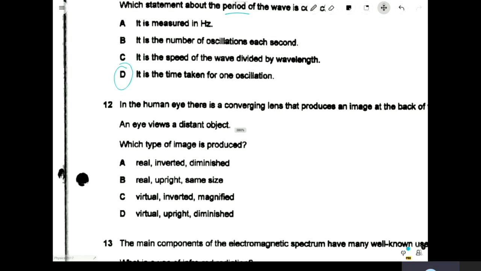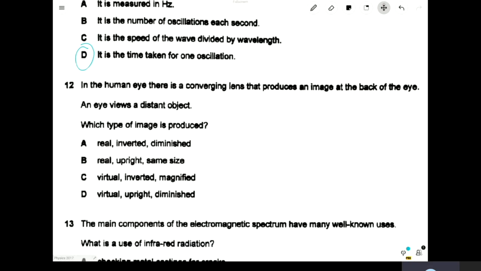In the human eye, there's a converging lens that produces an image. You have to memorize this. Question 12 is A. The image is at the back of the eye. Which one is virtual?